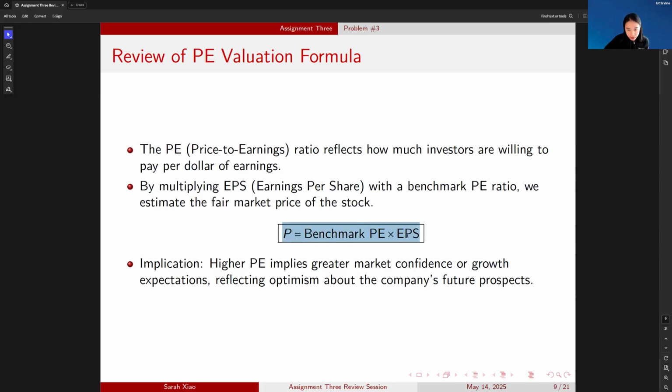So the formula is here. The fair market price of the stock equals the benchmark PE times EPS. The implication here is that a higher PE ratio implies greater market confidence or growth expectations, reflecting optimism about the company's future prospects.